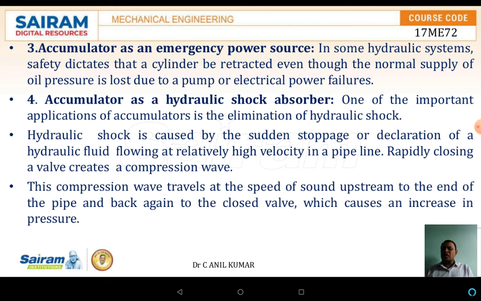The fourth application is that accumulators are used as hydraulic shock absorbers. One of the important applications of this accumulator is the elimination of hydraulic shocks, or the back pressures created in the system. Hydraulic shocks are caused by the sudden stoppage or deceleration of hydraulic fluid flowing at relatively high velocity in the pipeline.